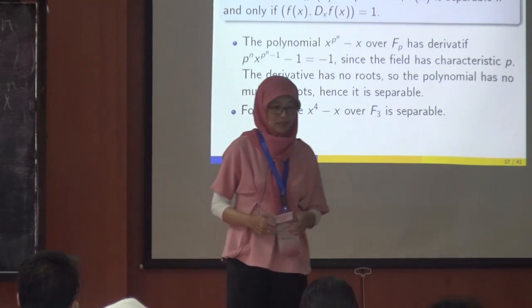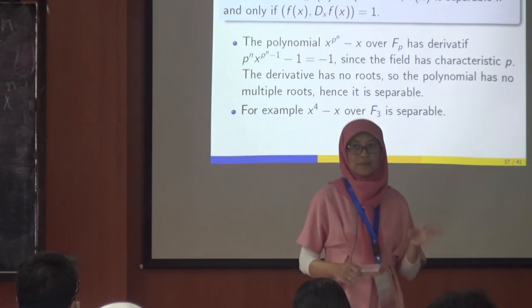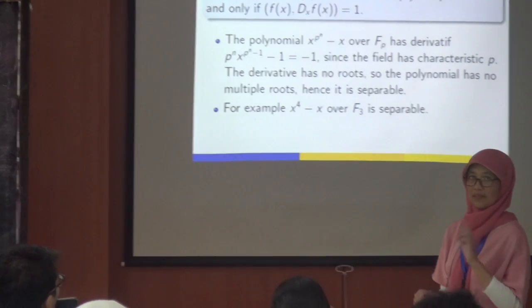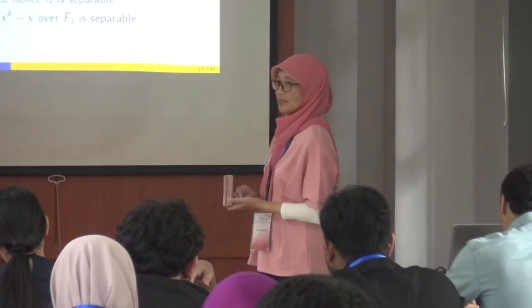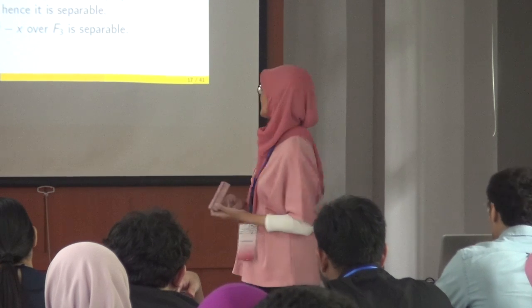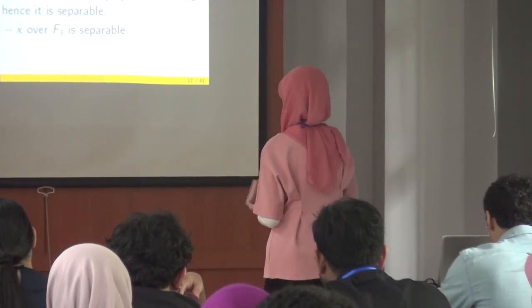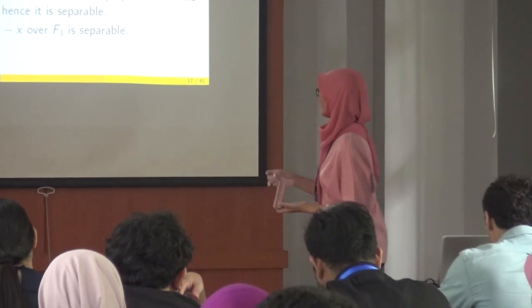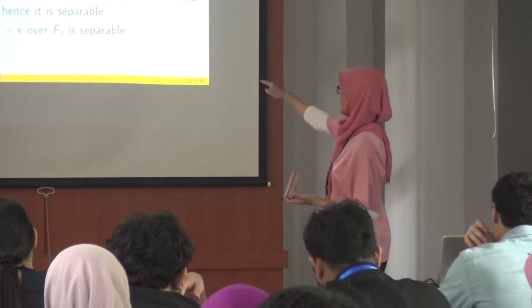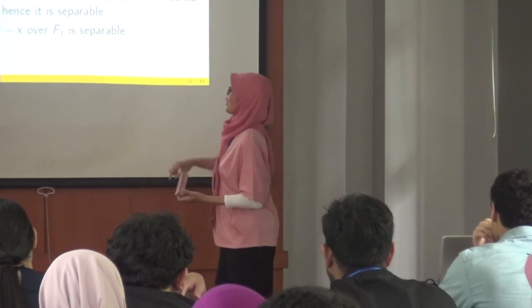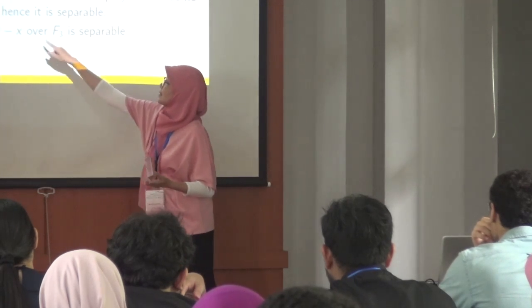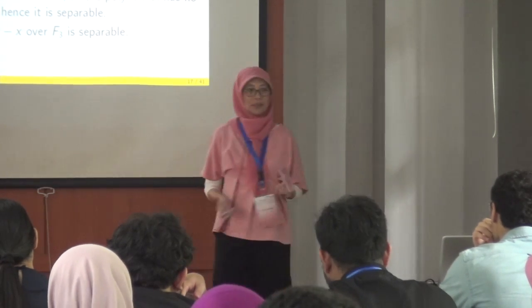It means the polynomial has no multiple roots, hence it is separable. Oh, I'm sorry, this is the wrong example. Because this should be p, maybe F2, this is true.